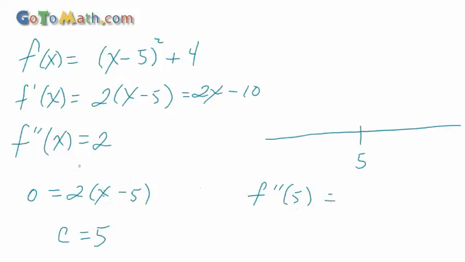And of course, there's nothing to plug it into right here, right? It's 2. And remember, all we care about is if it's positive or negative, and this time it's positive. So in other words, if this is positive, then we know that it's going to be concave up right here. And if it's concave up right here, this is going to end up being a minimum.